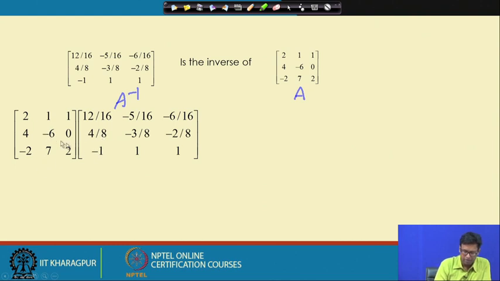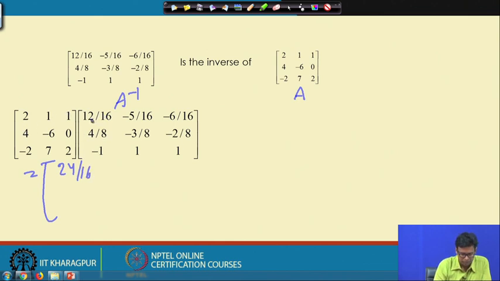Similarly, we will multiply the third row third column term here. So, we can probably write it down. The first term will be 24 by 16 plus 4 by 8 minus 1.